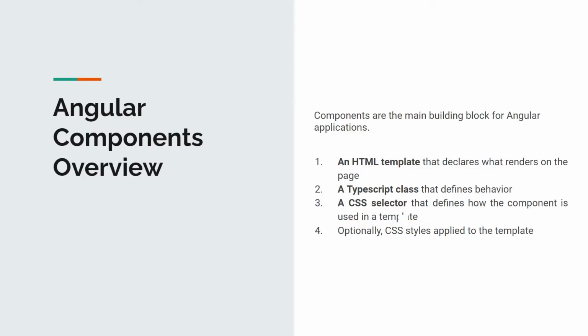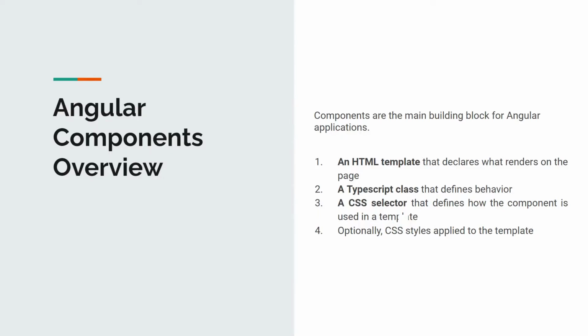That means if you put a component on a web template, this HTML template of the component describes what should render in the DOM there. And as a second part, there's a TypeScript class that defines the behavior. All our behavior and some metadata are defined in this TypeScript class.